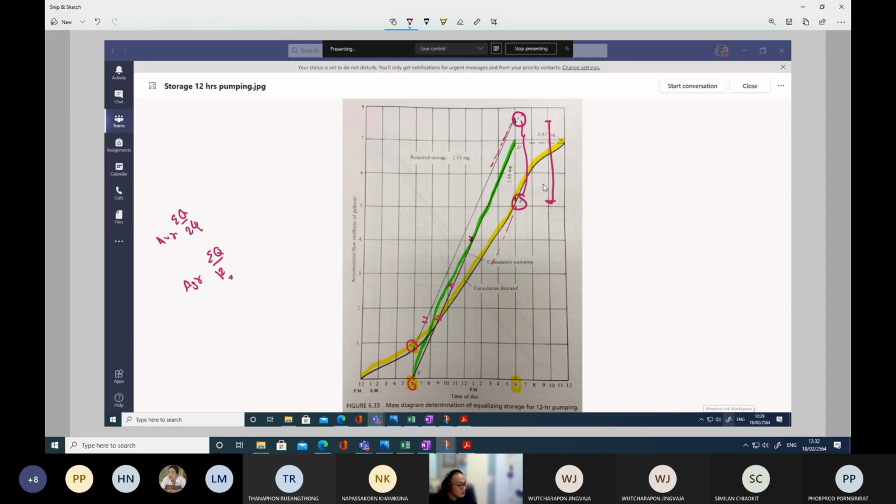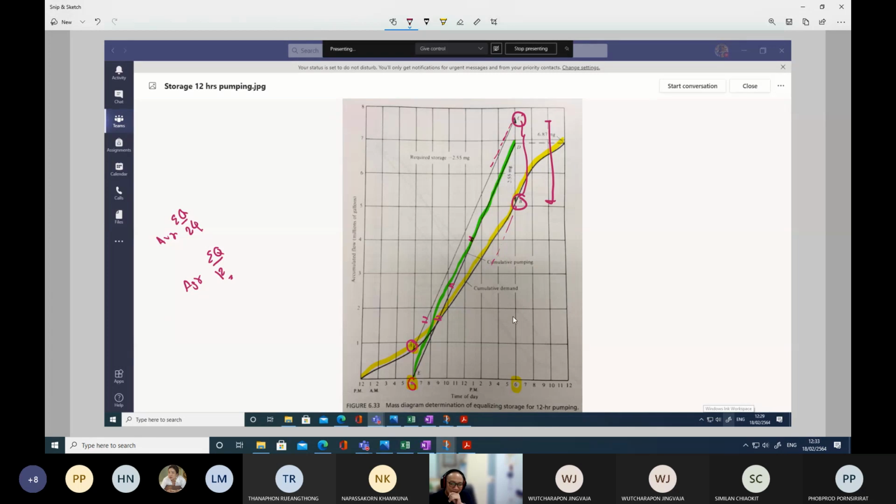No other points will give you the maximum vertical distance in this case. There is only this way. This is the only way to obtain the maximum vertical distance according to the 12 hours pumping rate.